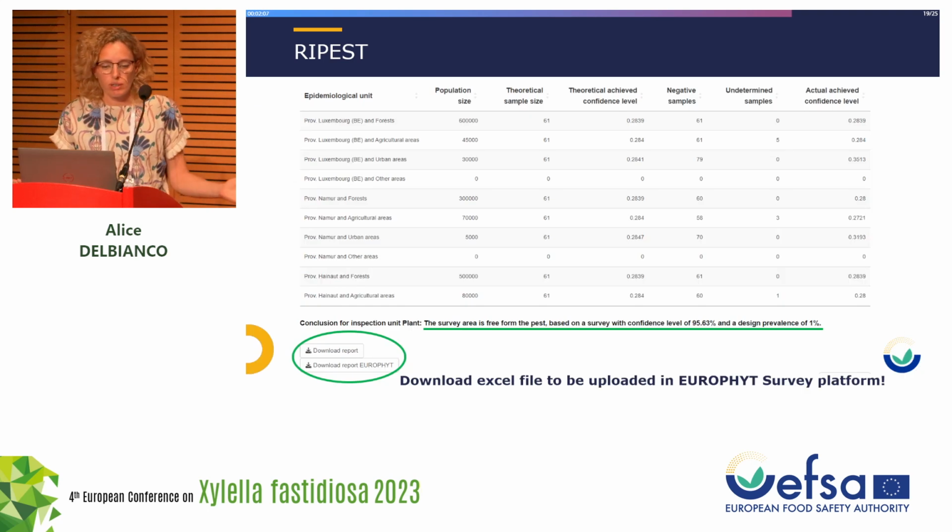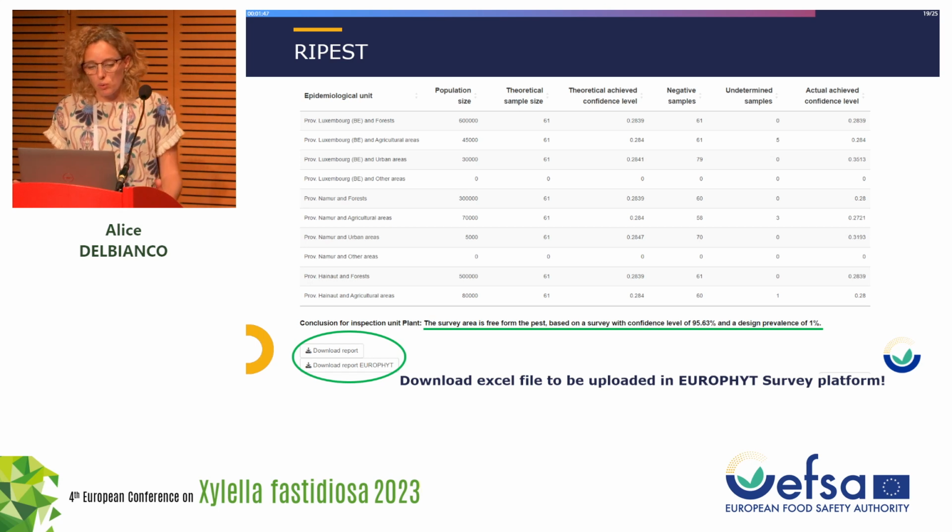RiPEST will calculate the conclusions for you. So in this case, the survey area is free. My 3 provinces in Belgium are free from the pest based on a survey with a confidence level of 95.63% and a design prevalence of 1%.